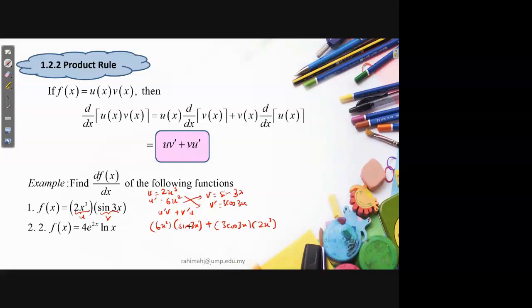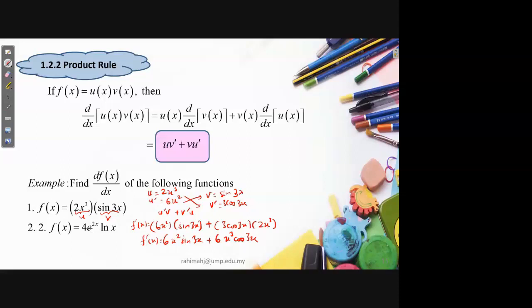Simplify this. So we have 6x squared sine 3x plus 6x cubed cosine 3x. So this is our f prime x.